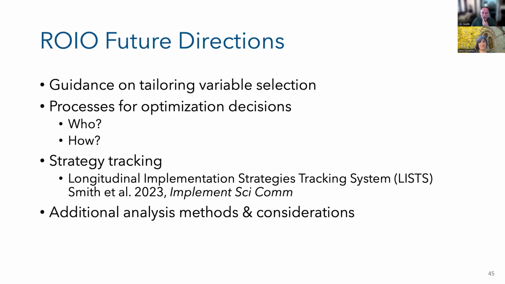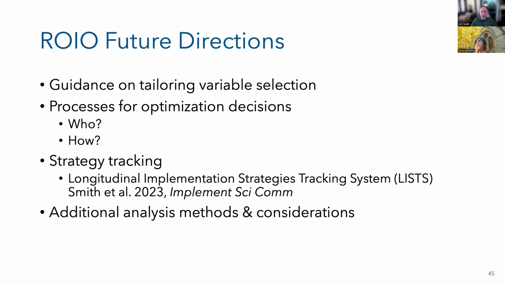So some future directions, some things that I've been really trying to get on paper, is guidance on how to do tailoring variable selection. What are good variables? What is your process for optimization? So thinking about different group model building, consensus type approaches, other things. Do you do weighted decision making where your partners' preferences might be taken with more weight than others?